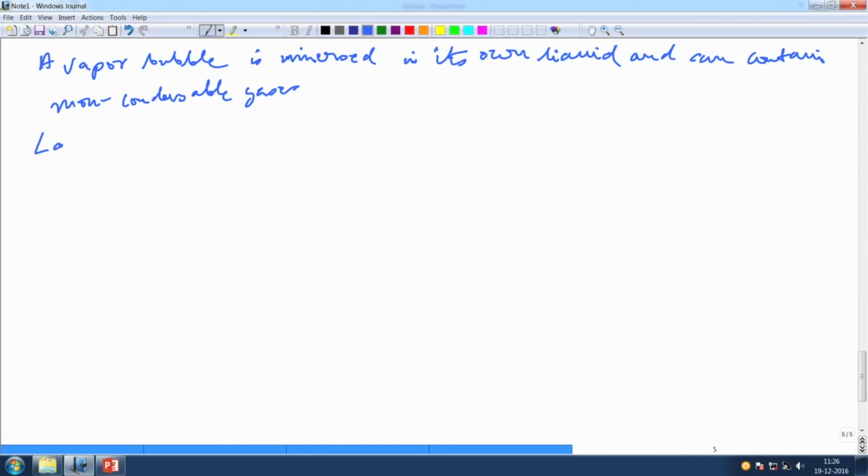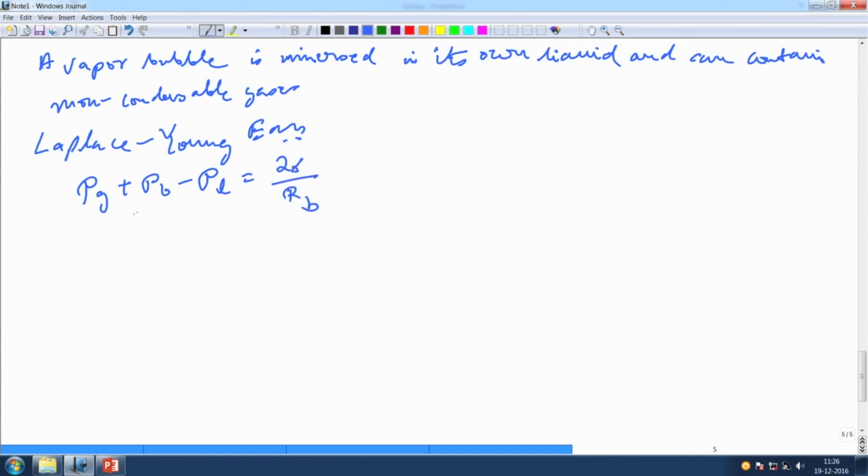So, we write the Laplace-Young equation, and this can contain non-condensable gases. That is why we have retained this term Pg over there, right. As we can easily see, Pg plus Pv is greater than Pl.